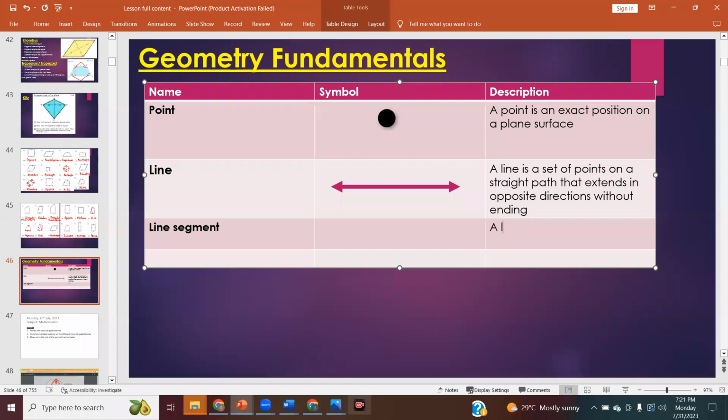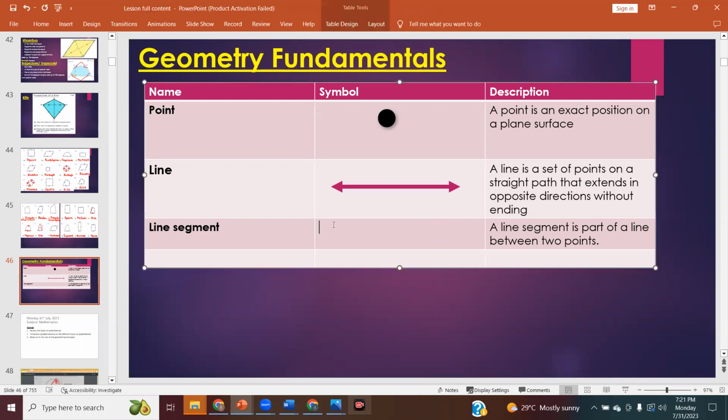So a line segment is part of a line between two points. The difference is that it has a starting point and an ending point. So let me show you what we mean.